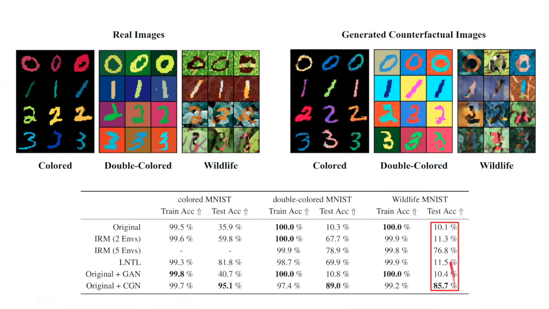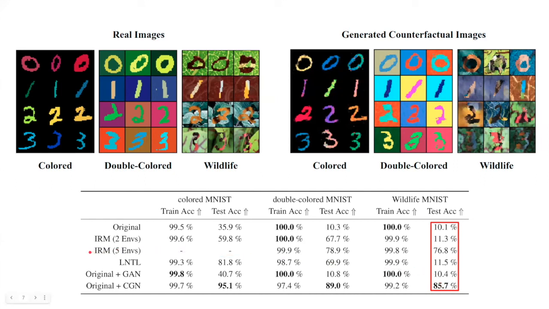Then we can see, on the right here for the wildcard MNIST, since this is the hardest one, all the other approaches mostly fail. But here it's still possible, in a test setting where everything is randomized and training is 100% correlated, to get a fairly good test accuracy.